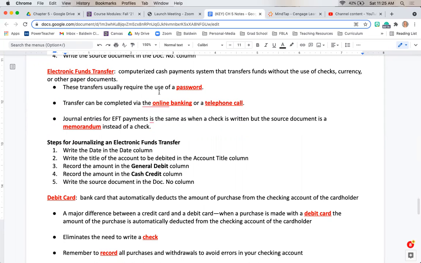These transfers are normally done online, require a password, or you can do them through the telephone, like you can call the bank. We still have to record any electronic fund transfer, and the source document is always going to be a memorandum instead of a check because we're not physically writing a check if we're making an online payment or transfer.